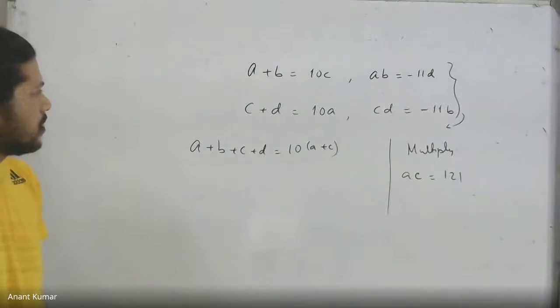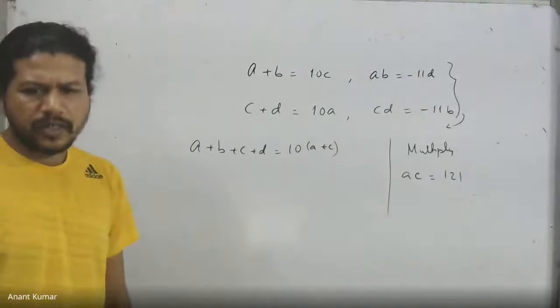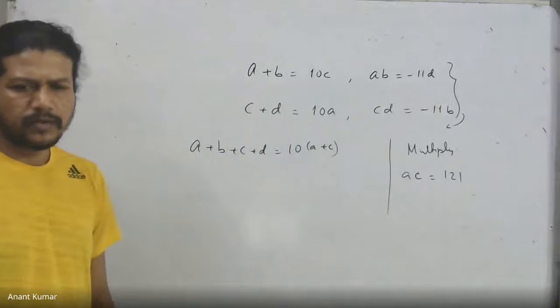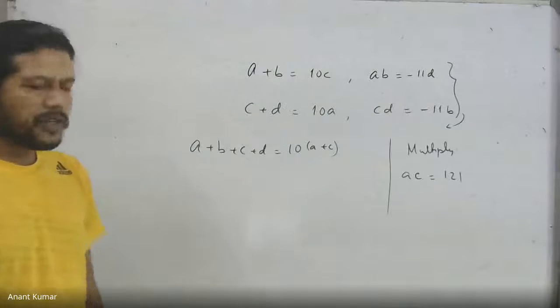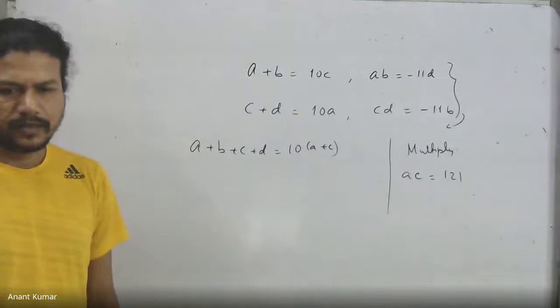What is the answer, Ayush? 1210. Yeah, so it's given 1210, but I don't know how. So that will be the value of A plus B into C plus D, isn't it?